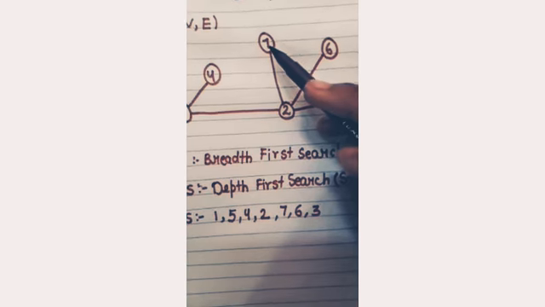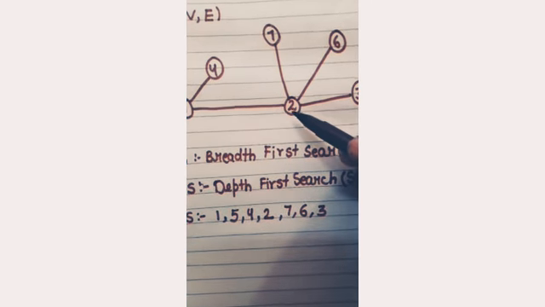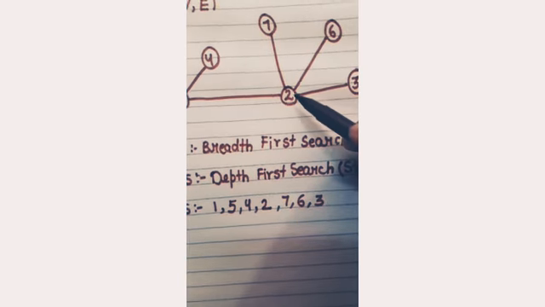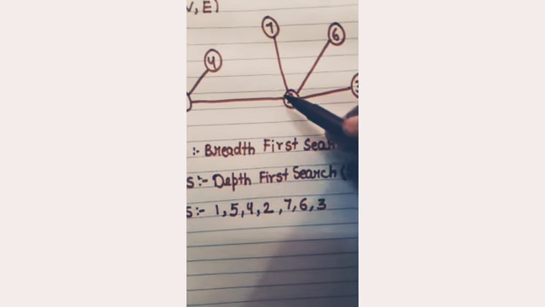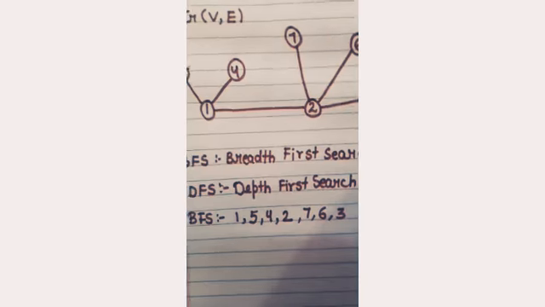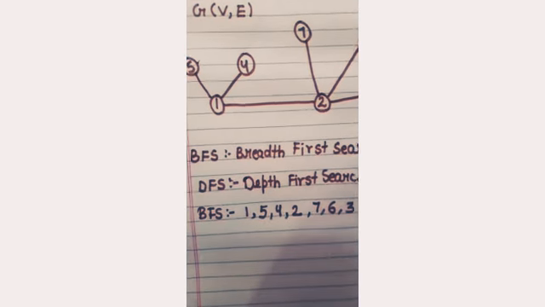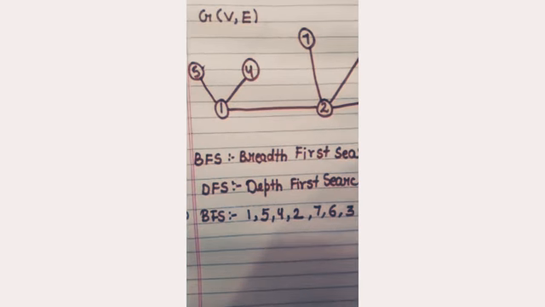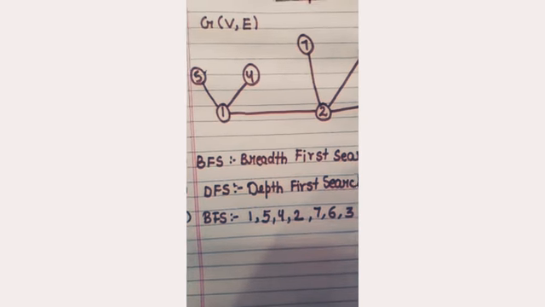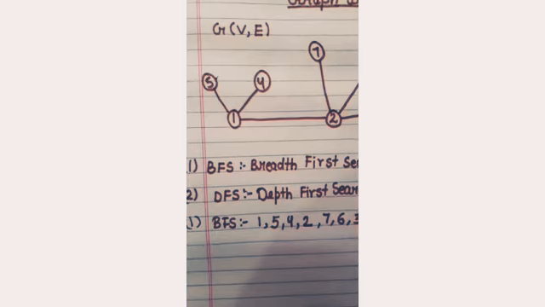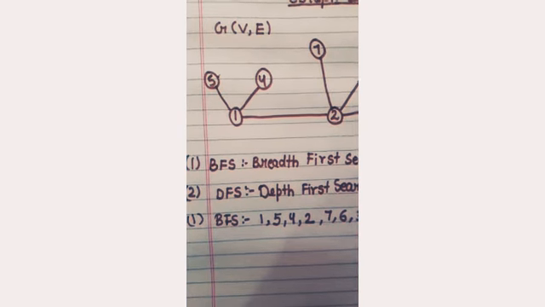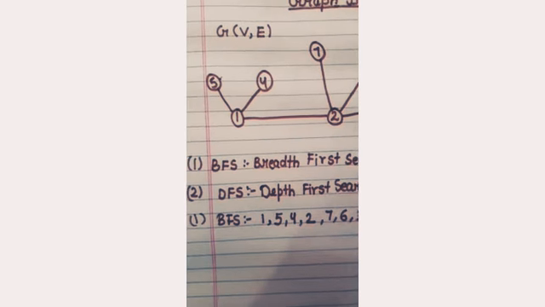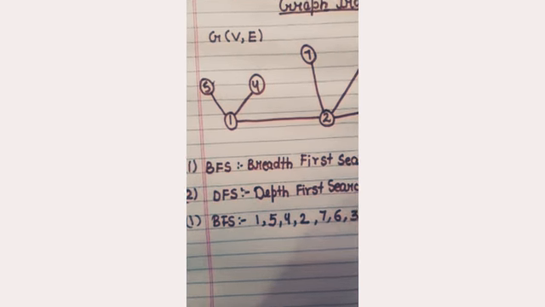But there are no adjacent vertices of 7 apart from 2, and 2 is already written, so we won't repeat, and same goes for 6 and 3. So this is how BFS is. You have to select any of the vertex from the figure and write all its adjacent vertices. Then you move to the other vertex and you write all its adjacent vertices. But important point to remember is we don't repeat any vertex once written.